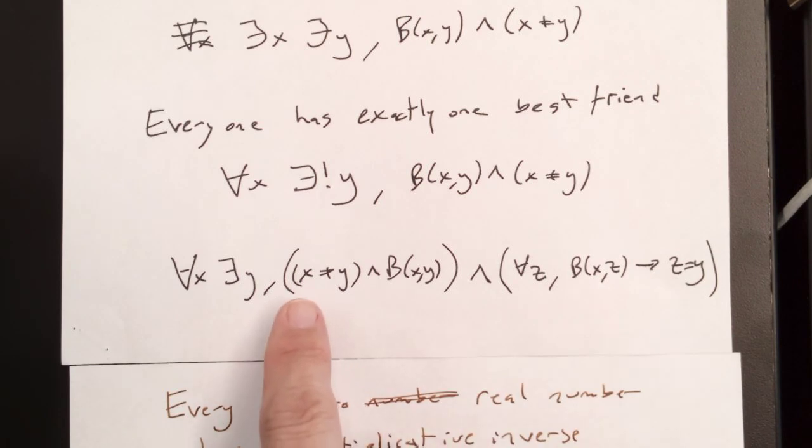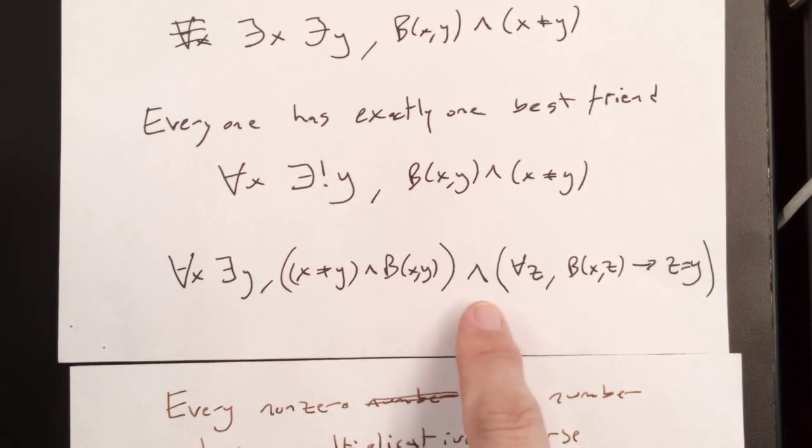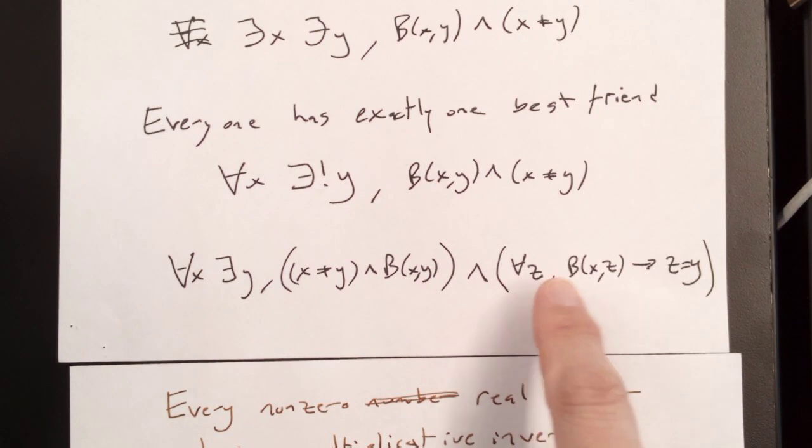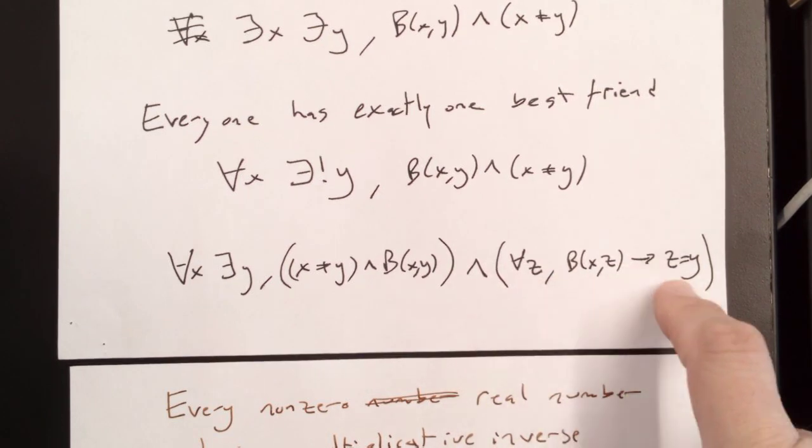This says that for everyone, there's a person other than them that they call their best friend, right? And if you picked anyone else and they were X's best friend, well, then you really just picked Y again. There is no third person.